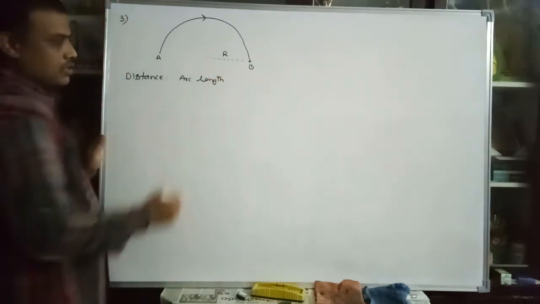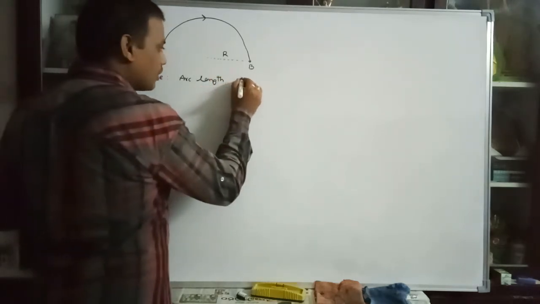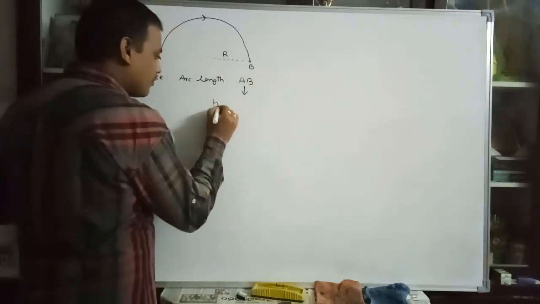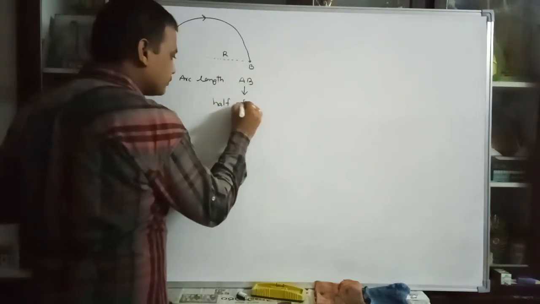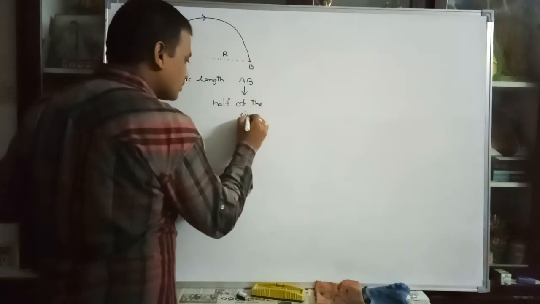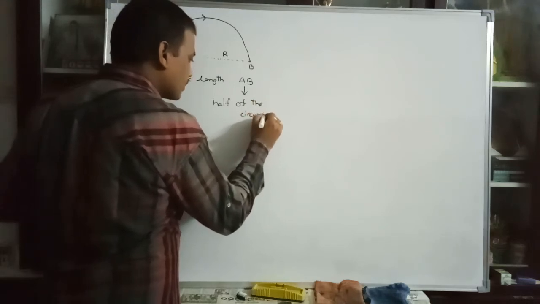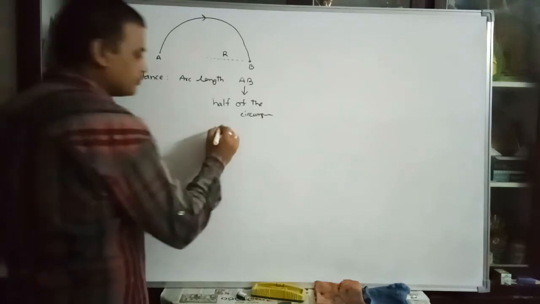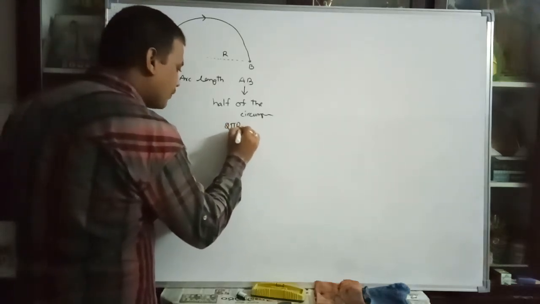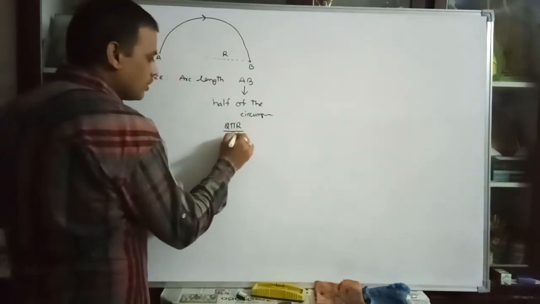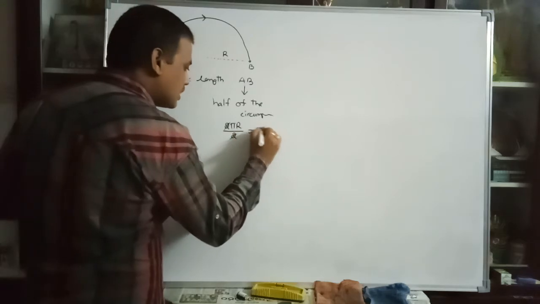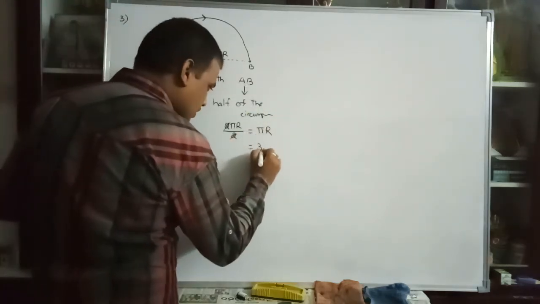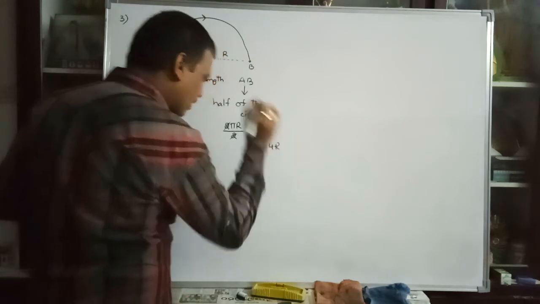Here the arc length AB is half of the circumference. The circumference of the circle is 2 pi r. Half of it is 2 pi r by 2. Here the 2 gets cancelled. The distance value is pi r. Each and everyone knows the pi value is 3.14, so the distance is 3.14 times r.